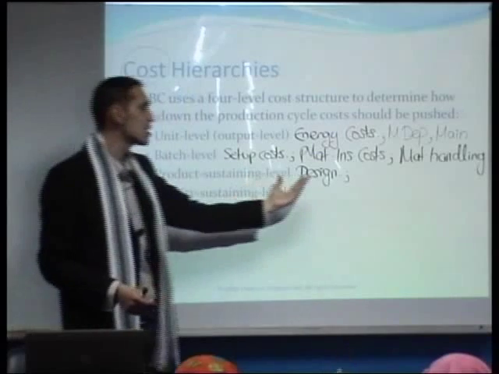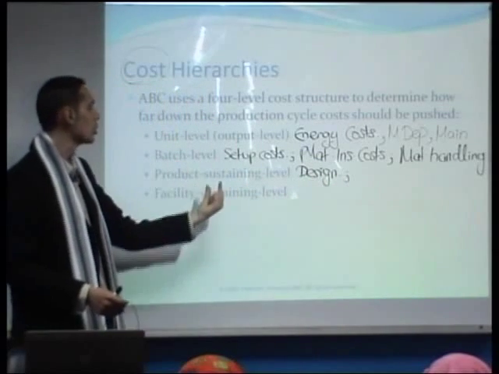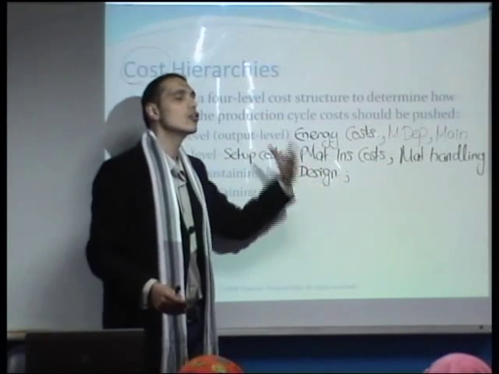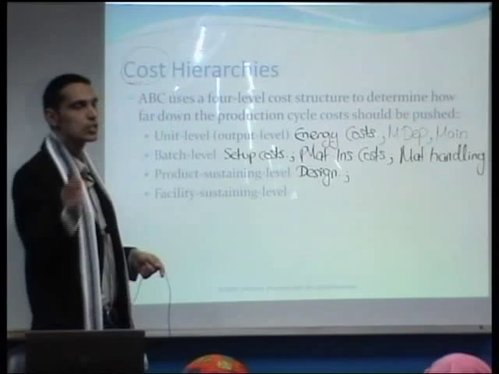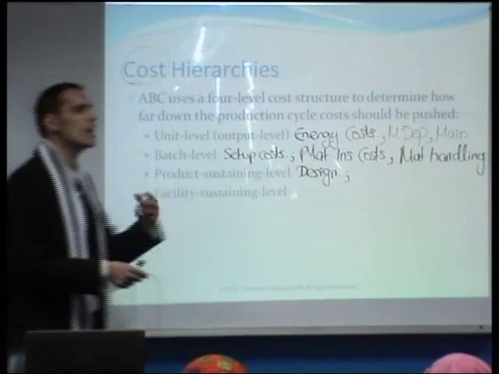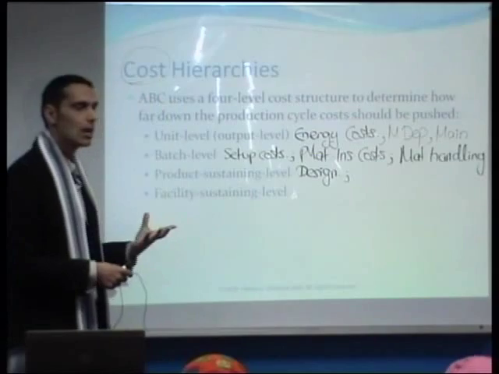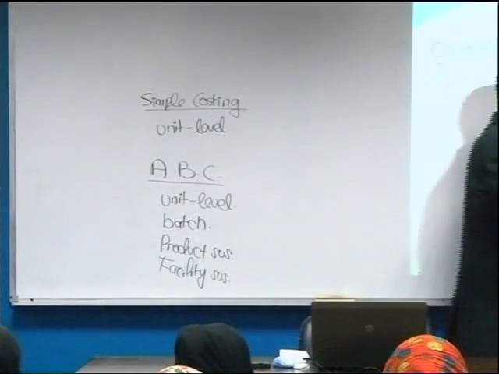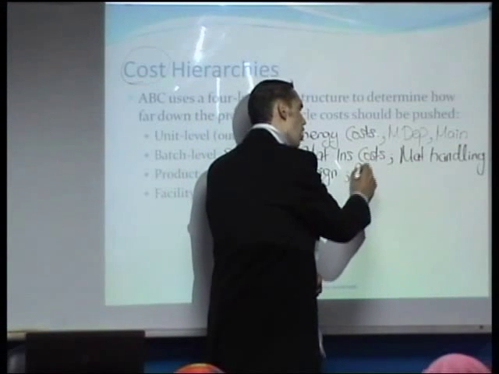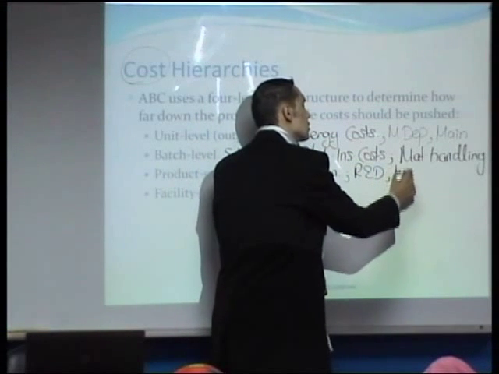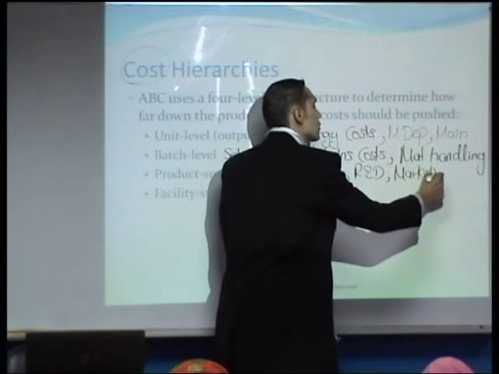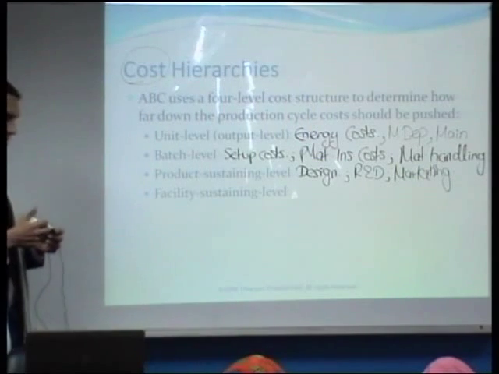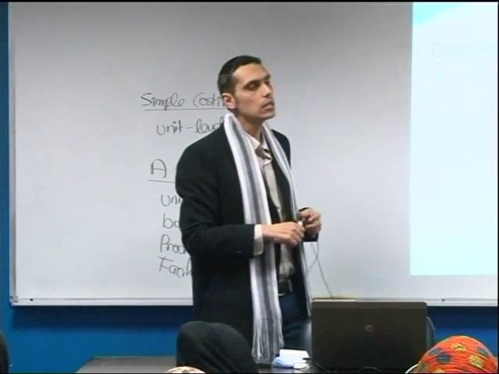Therefore, in this case, the design costs are related to supporting this product and should be allocated to this product according to a certain allocation base, for instance, the complexity of the design, and so on. Marketing costs, excellent. Research and development, R&D, excellent. And so on. All are product sustaining costs.